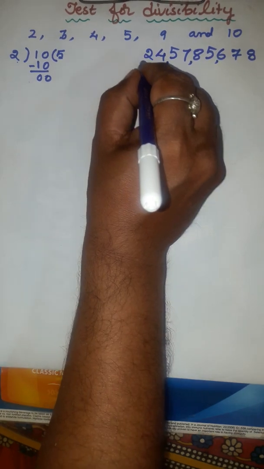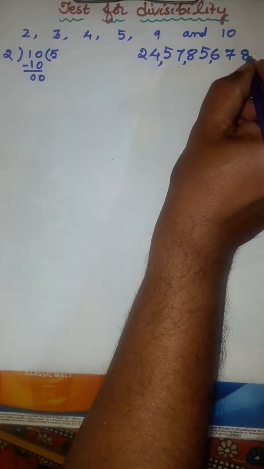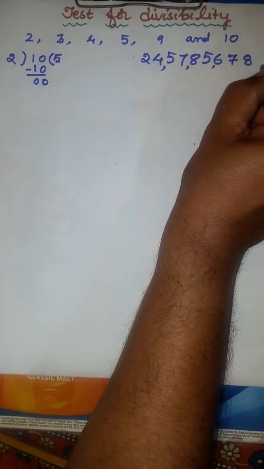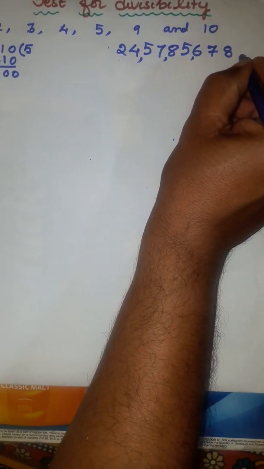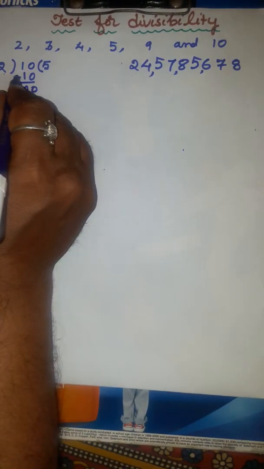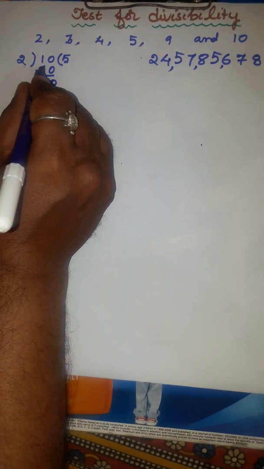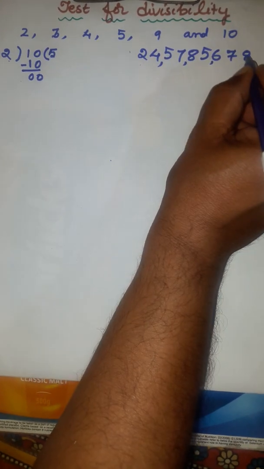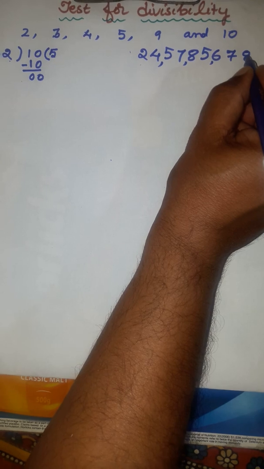So if at all I want to know this number is divisible by 3, I have to go for actual division. So it is a time consuming process, because this is a large number.